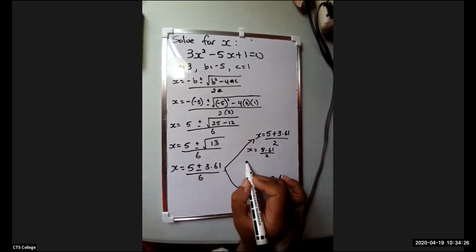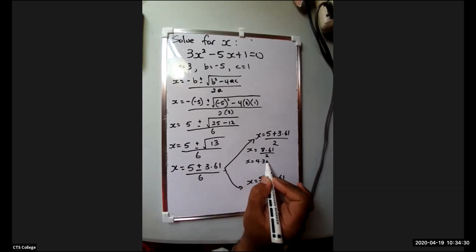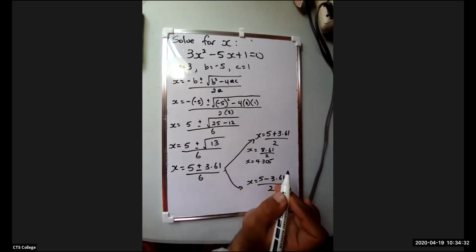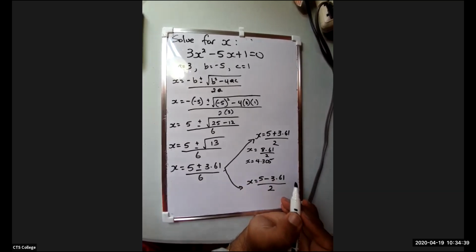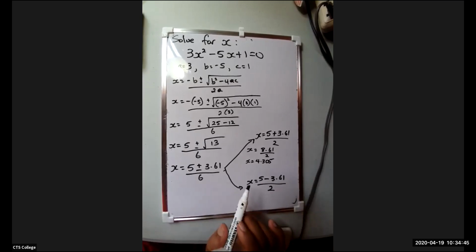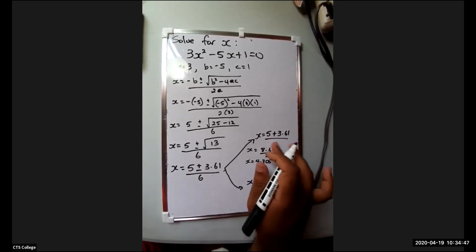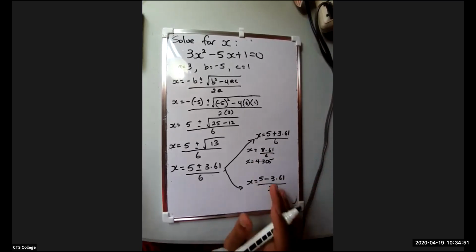So the answer is x is equal to 4.305. Yeah? Wait, something is wrong. It's supposed to be 2 by 3, so the bottom number is 6. Oh, yeah. I was just checking to make sure you're all paying attention. Very good, congratulations.